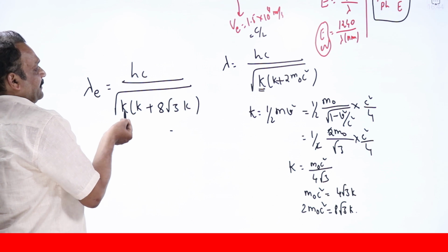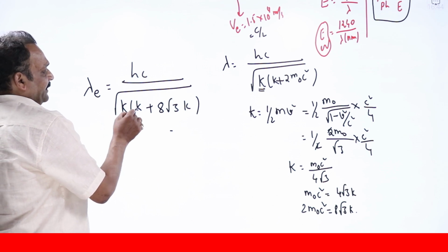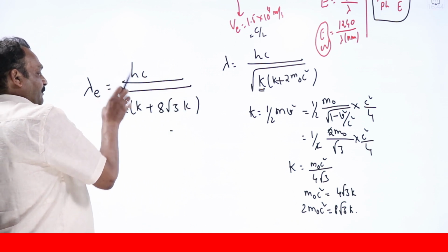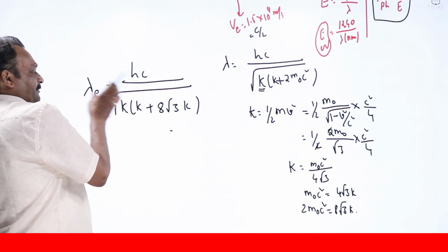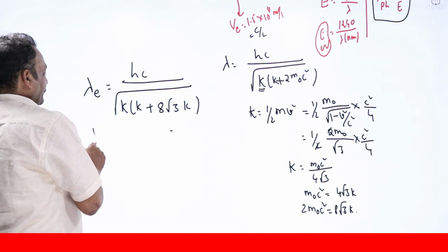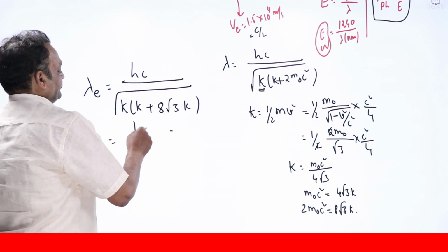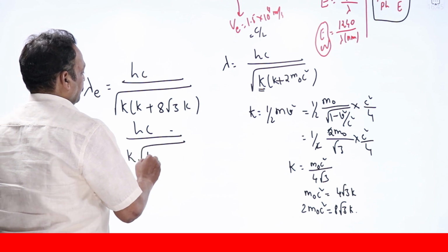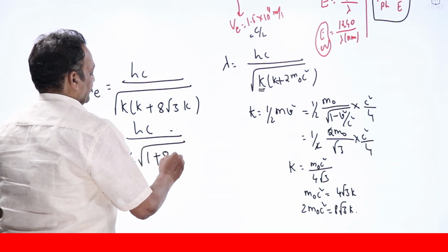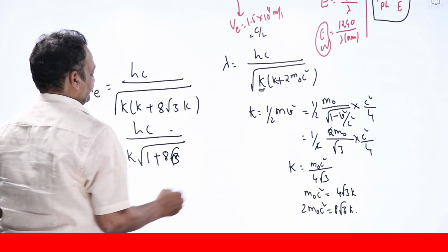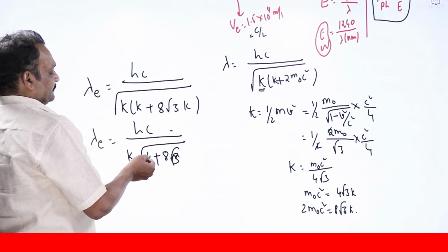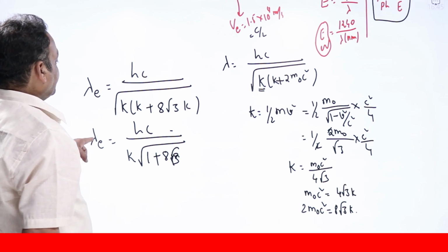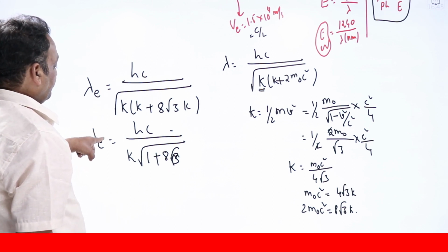K into k plus 8 root 3 k, k square common, and when it comes out of the root, it will be k only. So lambda e equals hc by k into root of 1 plus 8 root 3. So this is the expression for the de Broglie wavelength of the electron.